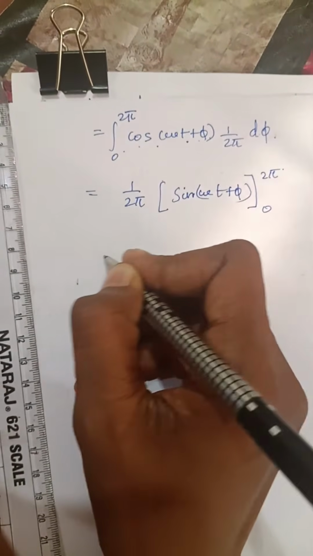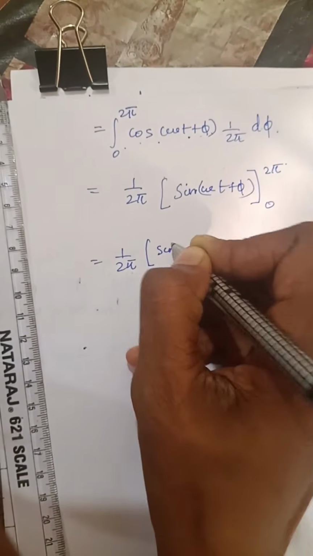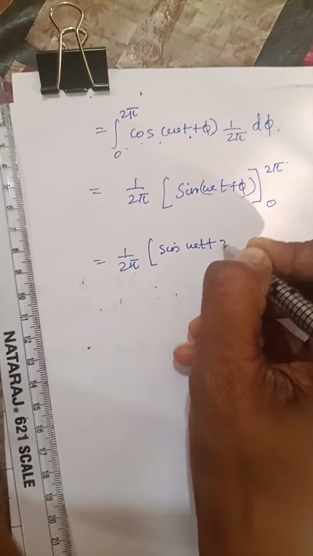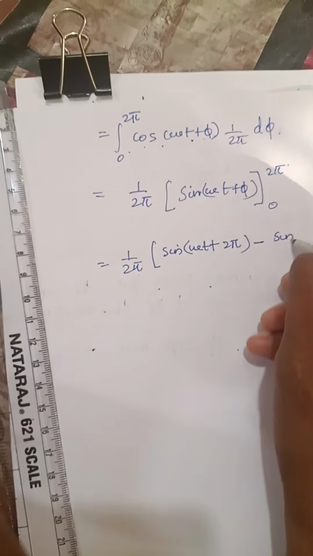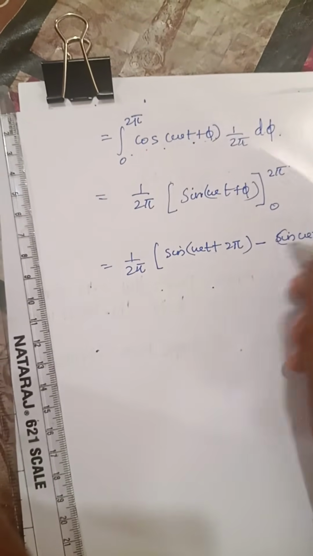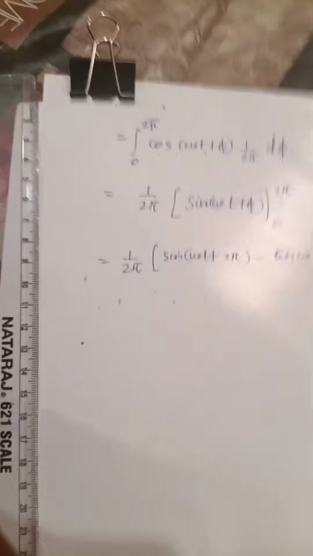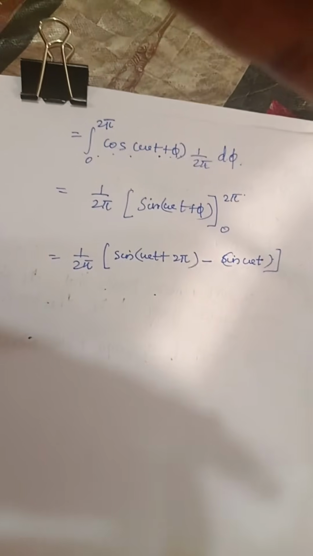Now let us substitute this. So 1 by 2 pi [sin(omega t plus 2 pi) minus sin(omega t plus 0)], that is sin omega t. Now sin(2 pi plus x) is sin x.